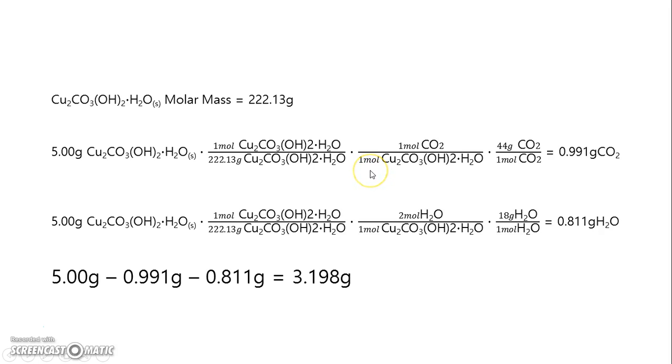By looking at the periodic table, we can find the molar mass of copper(II) carbonate hydroxide hydrate, which is 222.13 grams. For every 5 grams of the chemicals, we get 0.991 grams of CO2 and 0.811 grams of H2O.